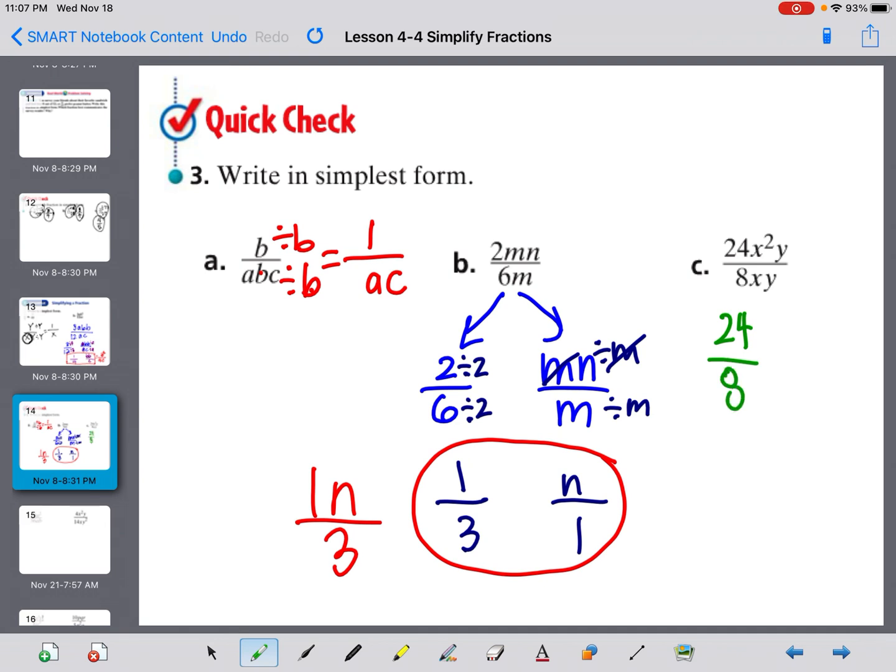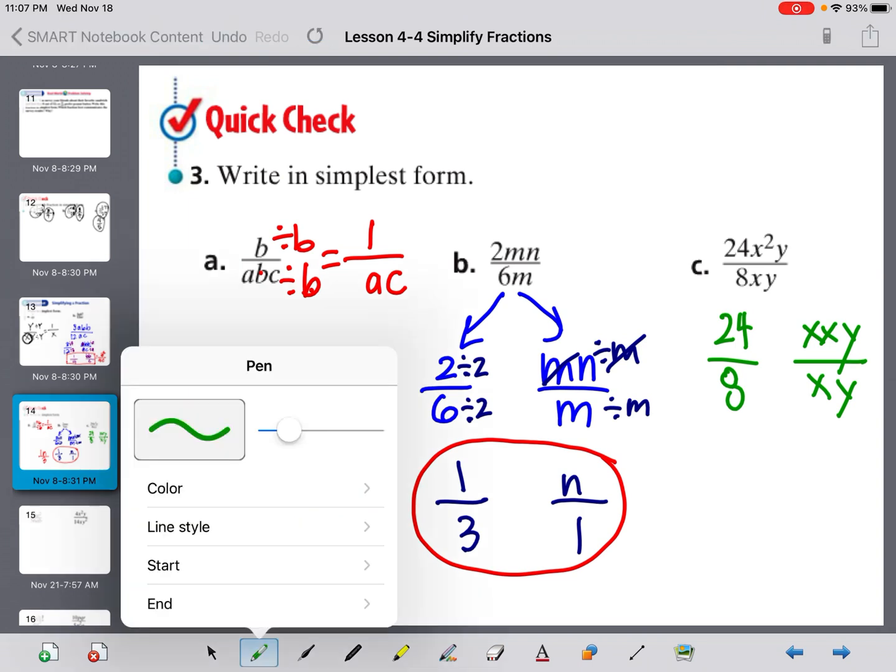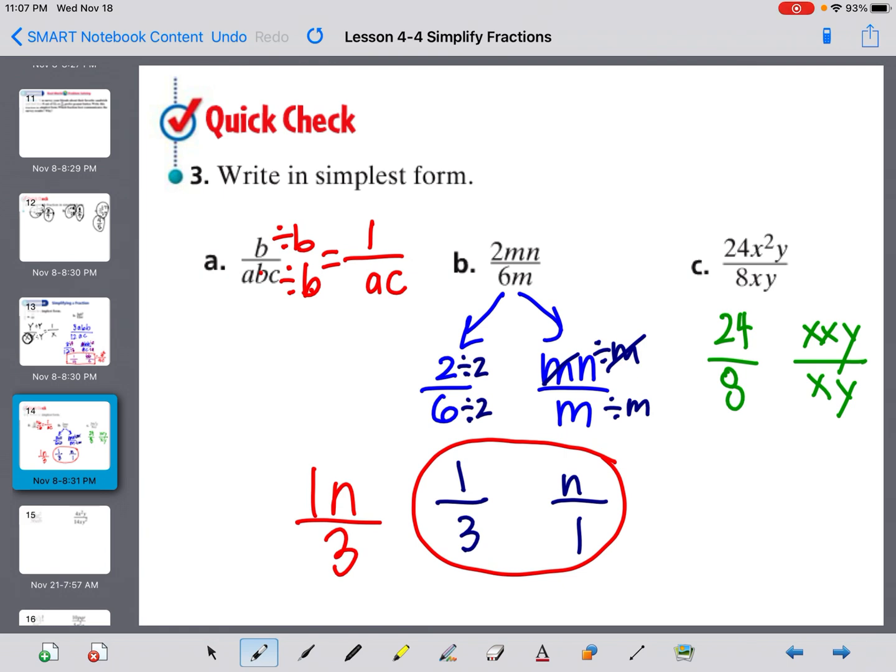Okay, numbers separate. Oh, x to the second. x, x, y. 24 and 8. What do they have in common? 8. x, x, y, and xy.